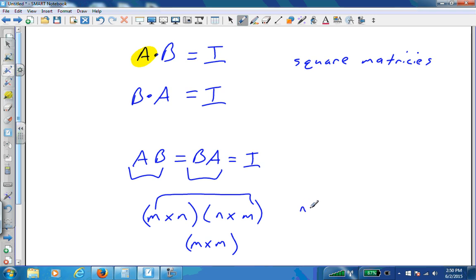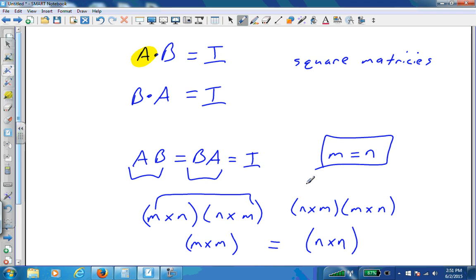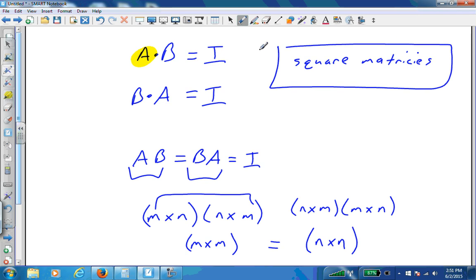And if I swap that order, n by m times m by n, I multiply those together and I get n by n. The only way those are the same size is if m and n are equal, which means you have the same number of rows and columns. Same number of rows and columns makes it a square matrix. So that's one of the first things about inverse matrices, that the only types that have these are square matrices.